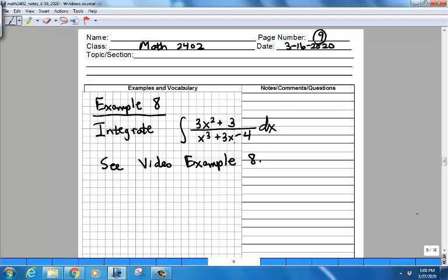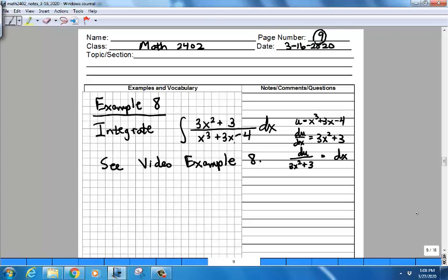So my suggestion here is to let u be x cubed plus 3x minus 4. And then notice du dx will be the numerator here. It will be 3x squared plus 3. And then, of course, that means that dx is going to be du over 3x squared plus 3.